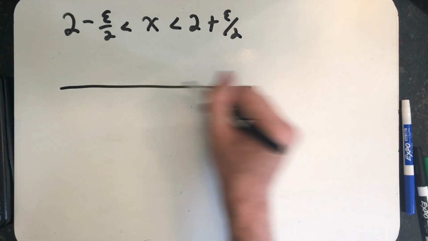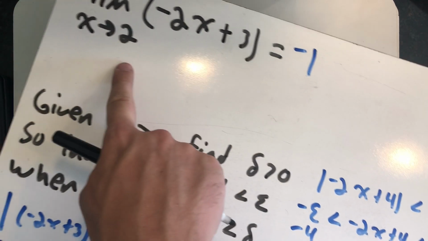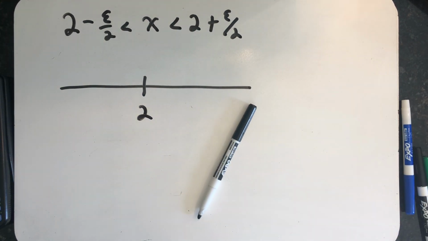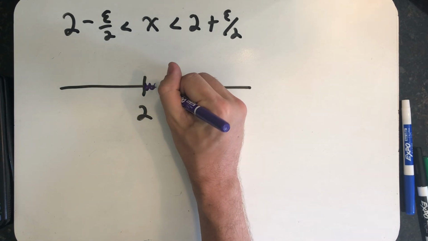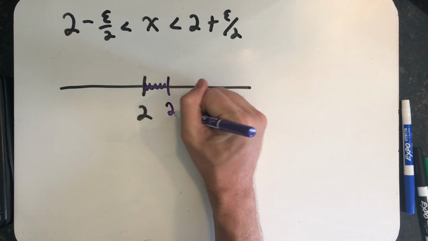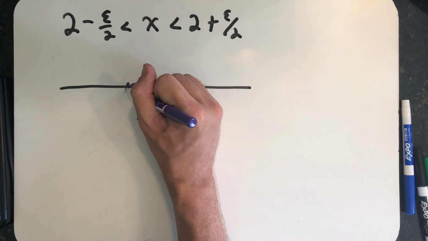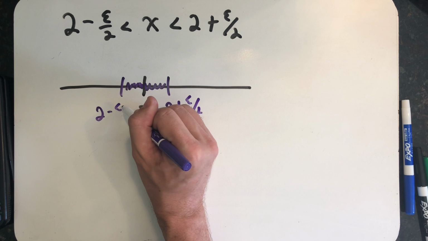Because what I can imagine on my x-axis, my limit was approaching the real number 2. And the top of my interval is at 2 plus epsilon over 2. The bottom of the interval of x that work is at 2 minus epsilon over 2.